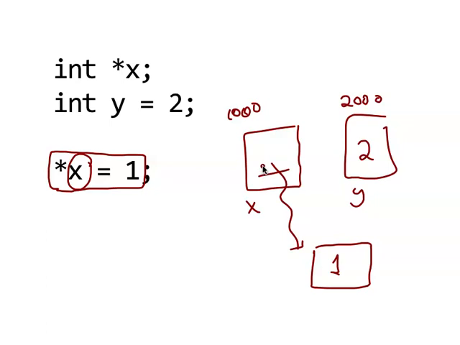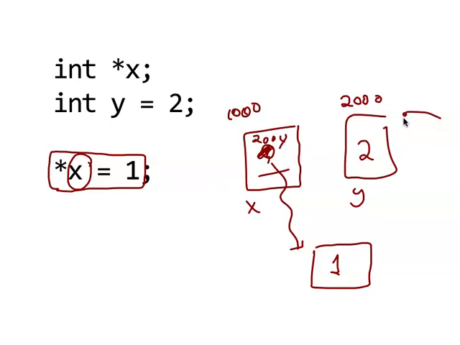Okay? Now, if you are lucky, this is some invalid value. Let's say if the value is 0, which let's say refers to a memory location which you cannot modify. And so when you say star x equals 1, the OS will complain, and then your program will crash. Okay. Now, if you are unlucky, maybe you have a value of 2004.